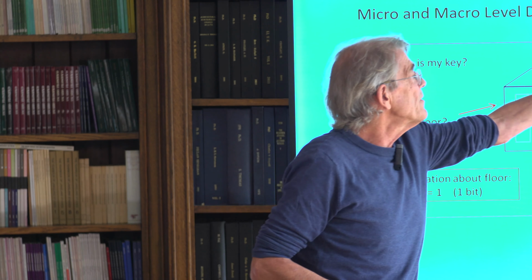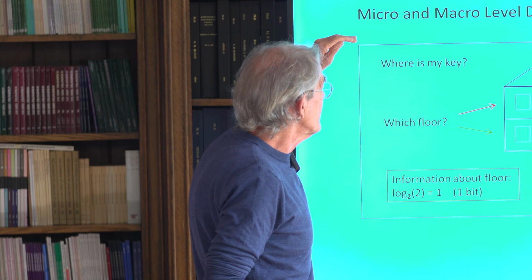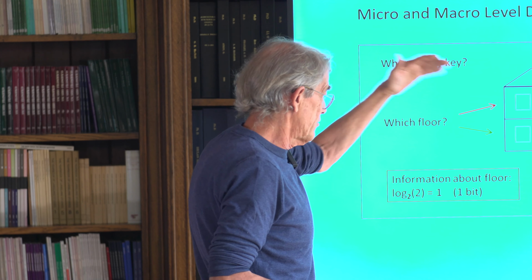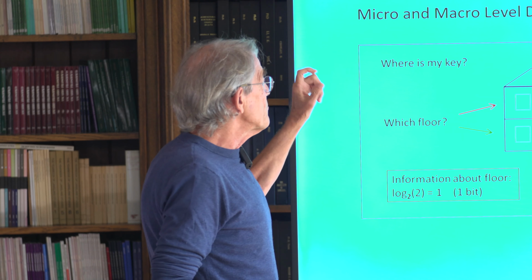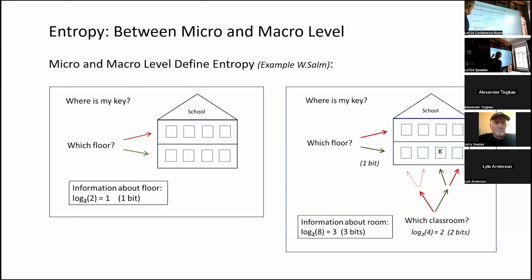There is an example of Psalm to explain that. Where is my key? It is the example of a school teacher who has lost his key in the schoolhouse. In which floor? There are two floors. So it is a decision, or an information, or an entropy of a decision of 2.